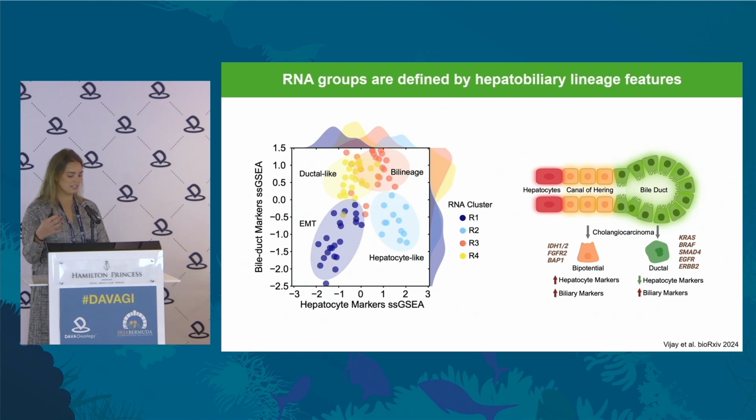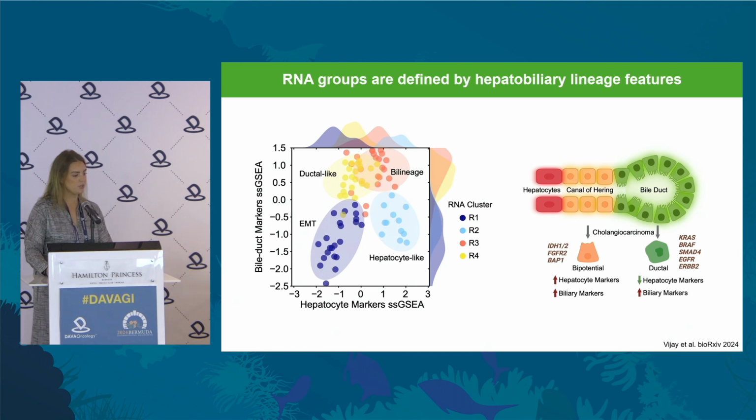So we know that there's this concept that hepatobiliary cancers encompass a spectrum between hepatocyte-like and bile duct-like phenotypes. And on the left, as a way to examine the relationship between cell lineage identity and our RNA clusters, we ranked the cell lines based on the expression of both bile duct and hepatocyte markers, and found that biliary cancers harbor different cell lineage programs, which we designated EMT, hepatocyte-like, bilineage or bipotential, and ductal-like cancers.